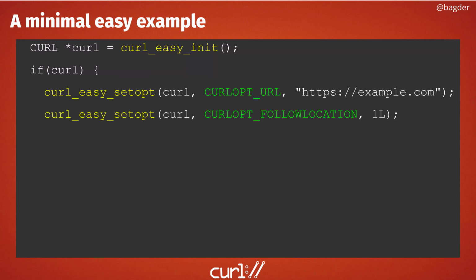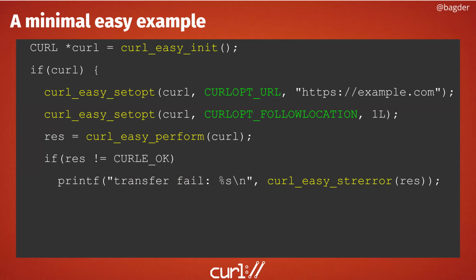We tell curl we want to follow redirects, which is called follow location, because it's a Location: header in HTTP. And perform that transfer. It'll return the return code into this res variable, which isn't declared in this source code. If it's not OK, then we can, for example, display the error with curl_easy_strerror. And then we clean up the handle and we're done. That's all you need to get that URL transferred to you.